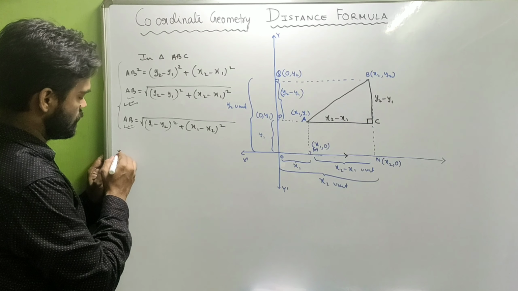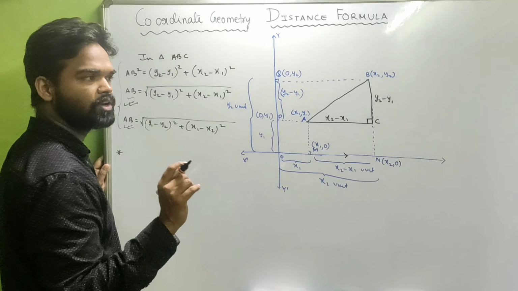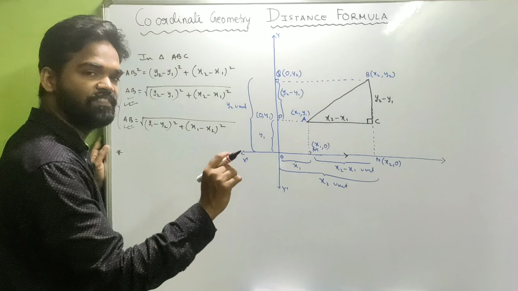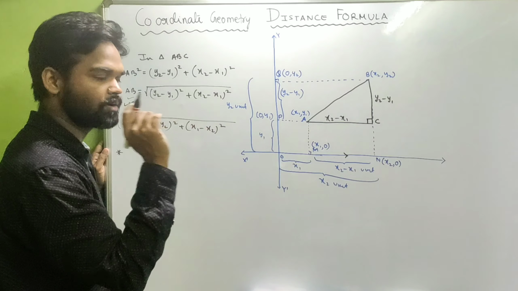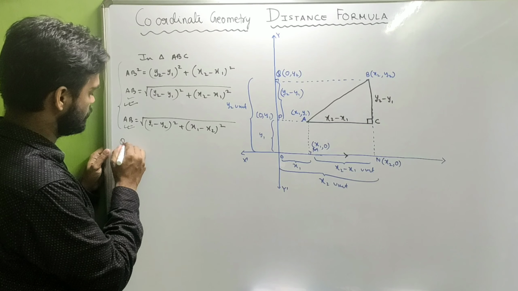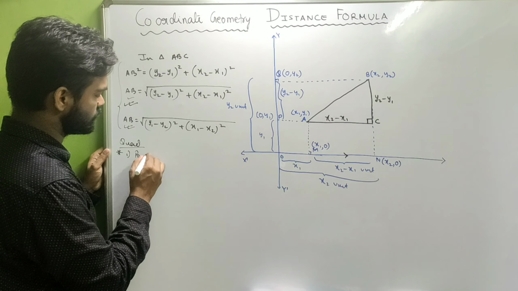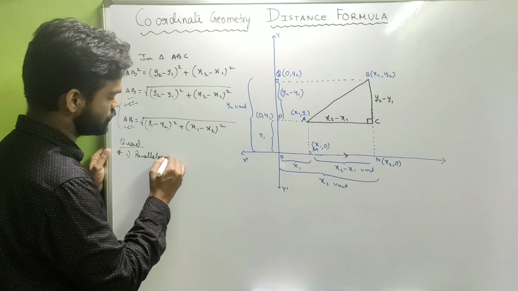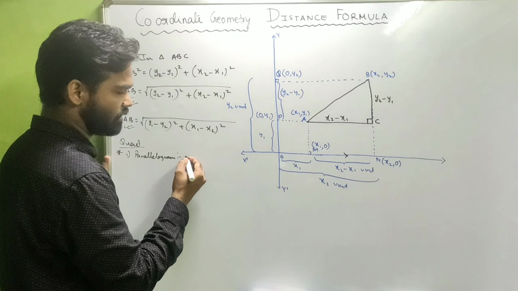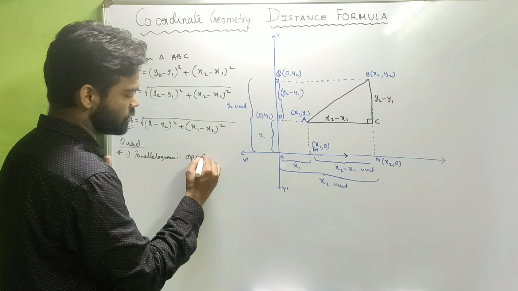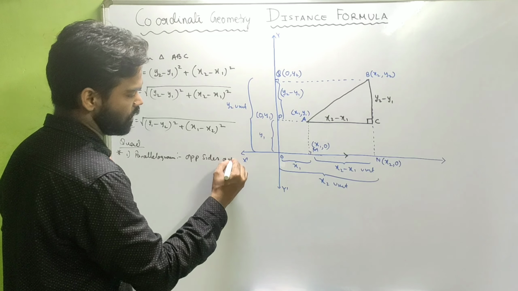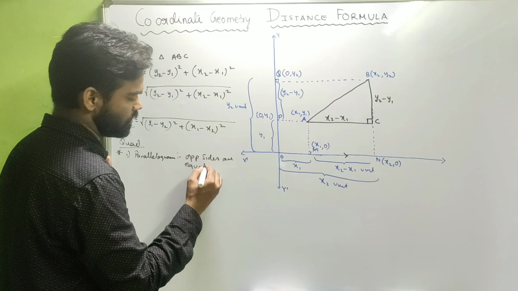Now, by the distance formula, how can you prove that a given quadrilateral is a parallelogram? Number one, just show that opposite sides are equal.